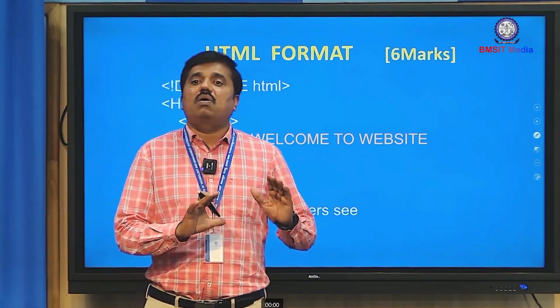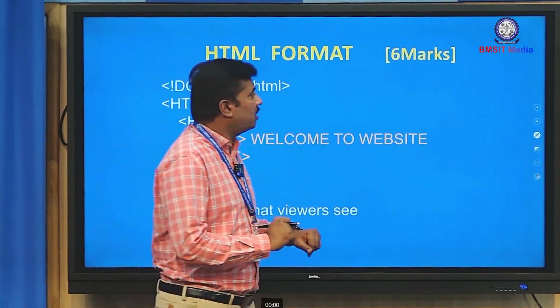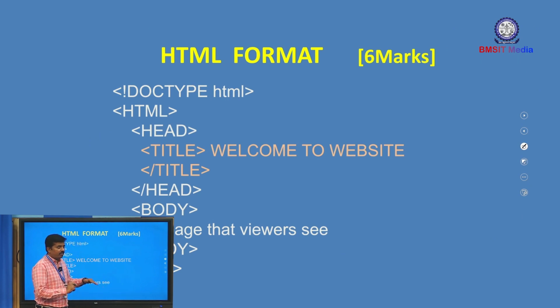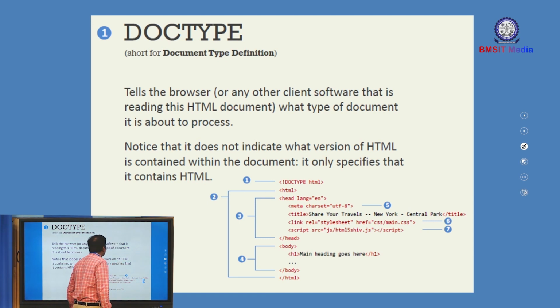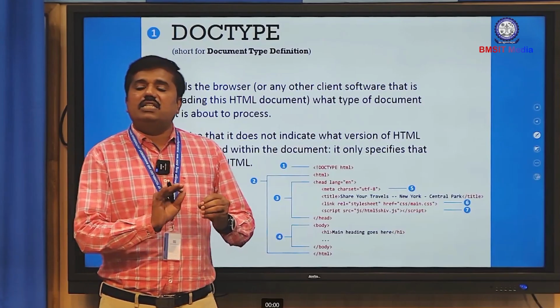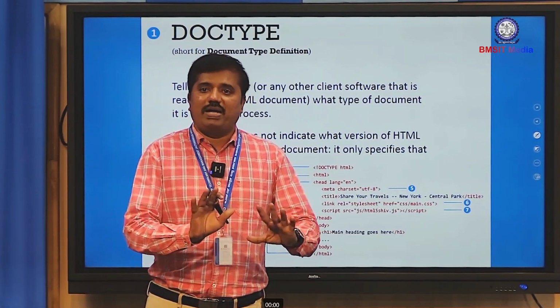So what is this doctype? First I will explain it, then I will go to the next part of the format. Doctype means document type definition. It informs the browser that I am using an HTML type of file.